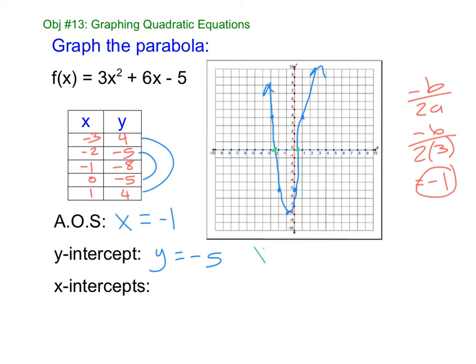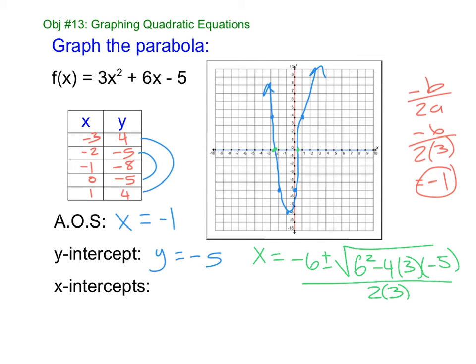So we got x equals negative b plus or minus the square root of b squared minus 4ac, all over 2a. Negative 6 plus or minus the square root, all over 6. So let's see. We got 36 minus 4 times 3 times negative 5 is 96.